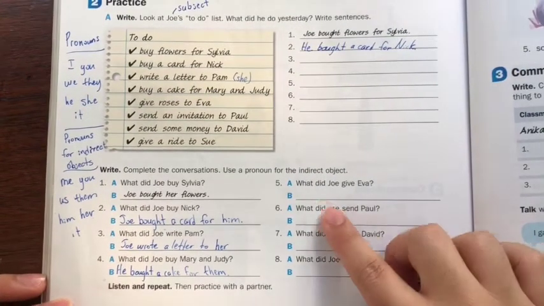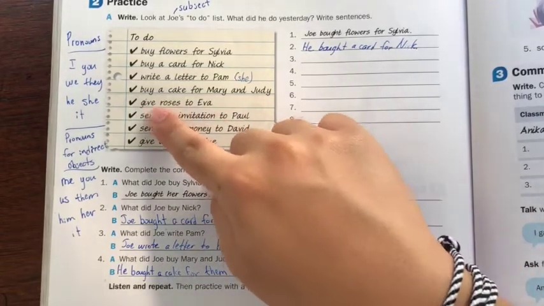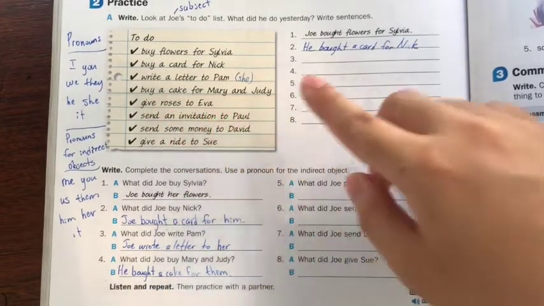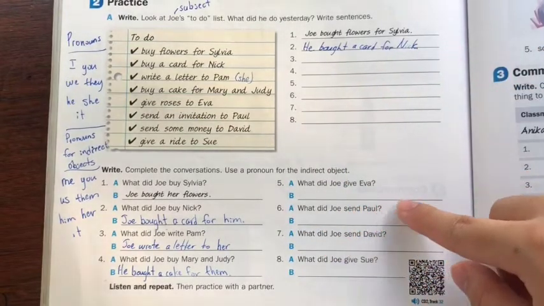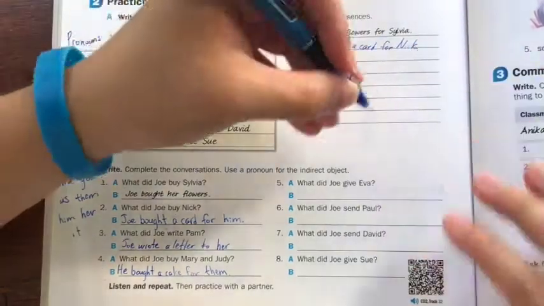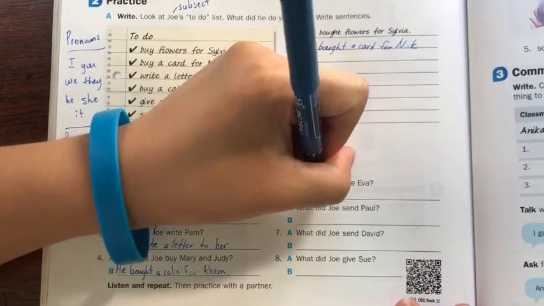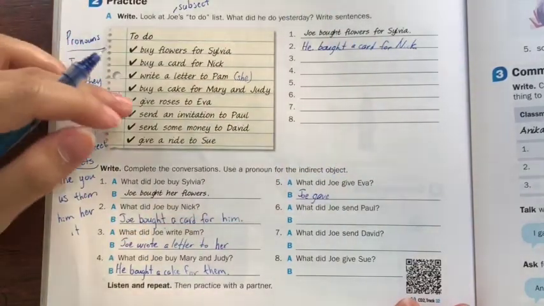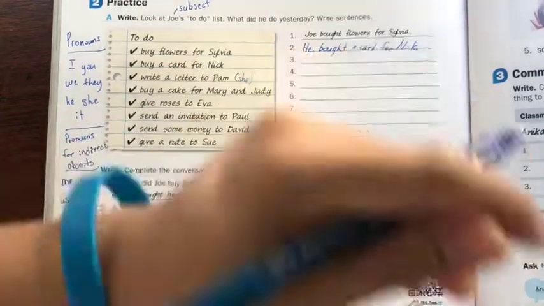Number 5. What did Joe give Ava? Give roses to Ava. Wow, he has so many presents. What did Joe give Ava? Maybe a headache? A bill? Okay, so Joe gave roses to Ava.